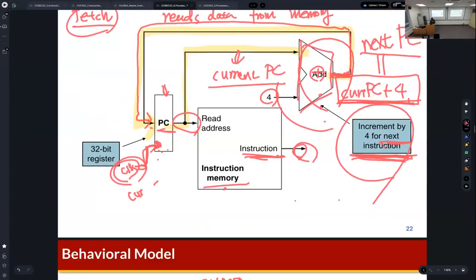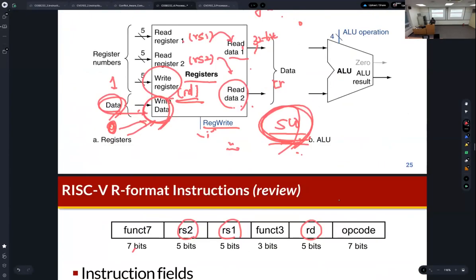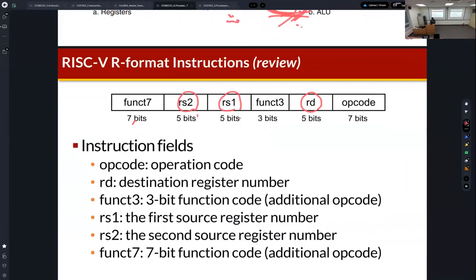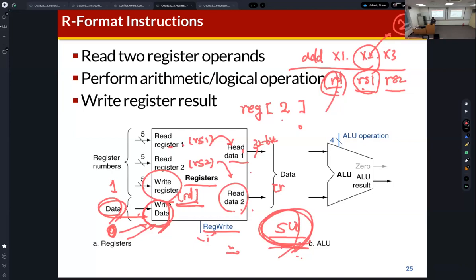So this instruction is the 32-bit data, okay? And then in this data, we can find the several fields like this. So actually, this RS1 field is given to the read register 1 port of this register file, okay?